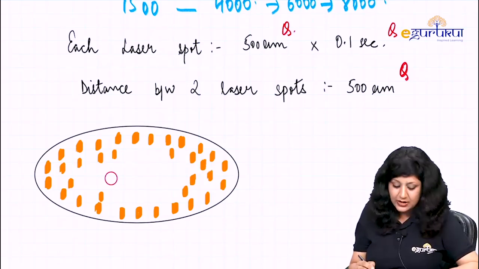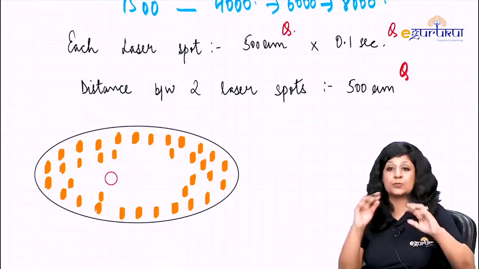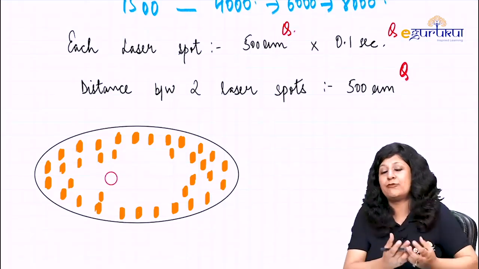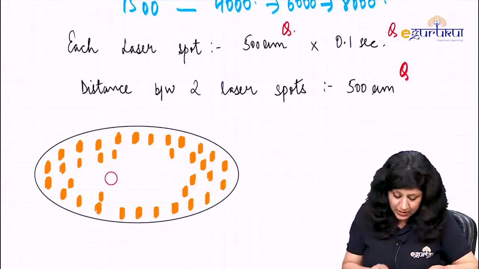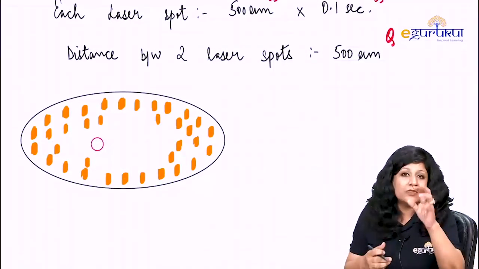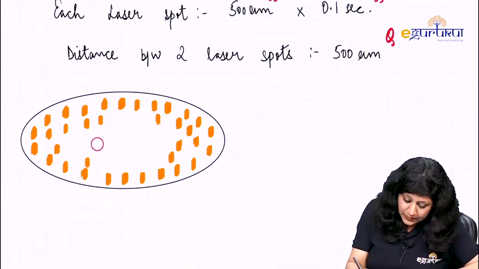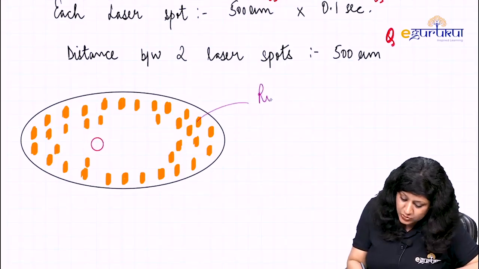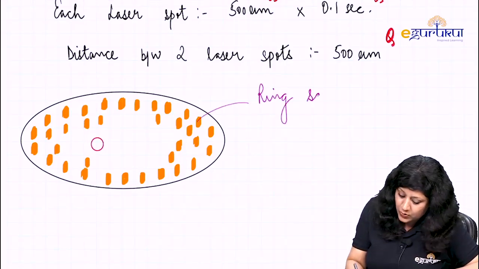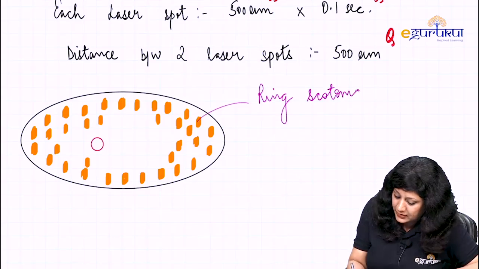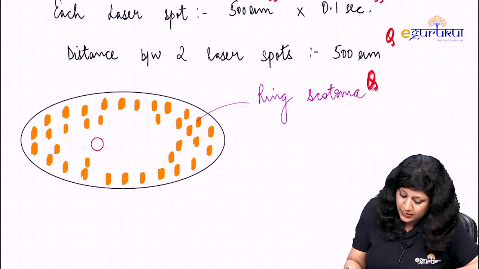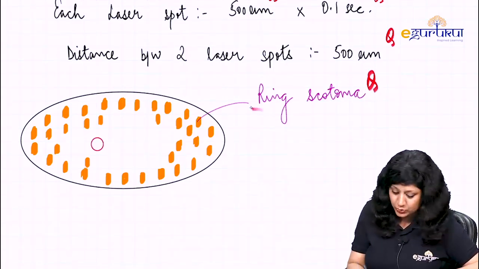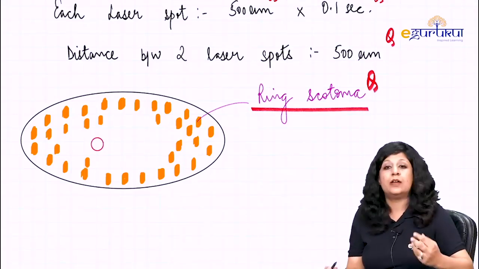With so many spots covering the whole periphery, each converting into a blind spot, finally you get a ring shaped scotoma. So this also comes under the DD of ring scotoma that you get in the fundus.